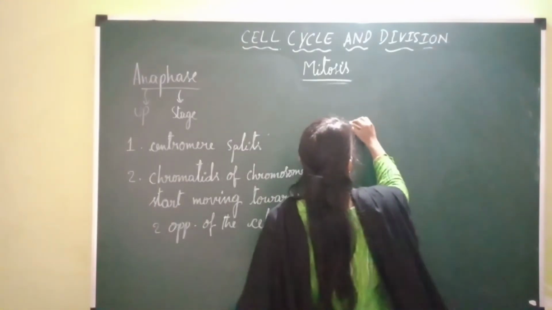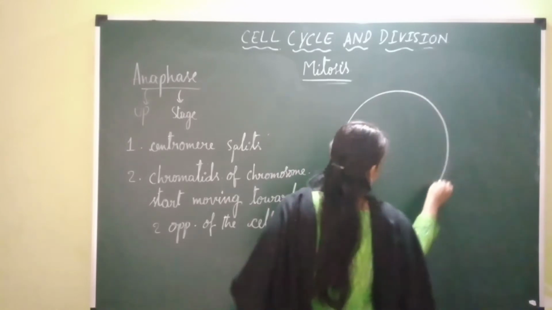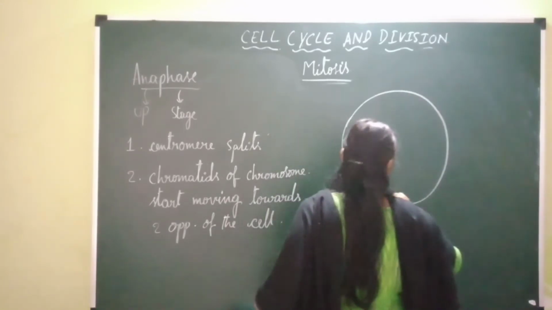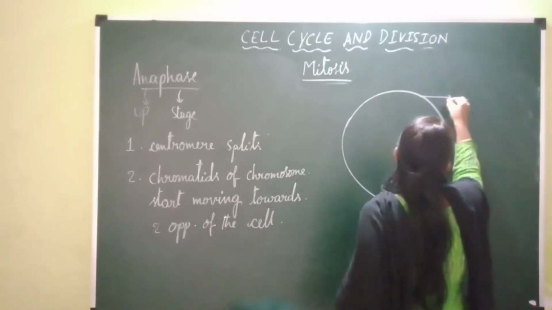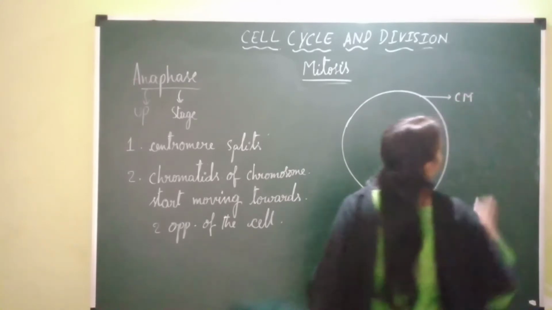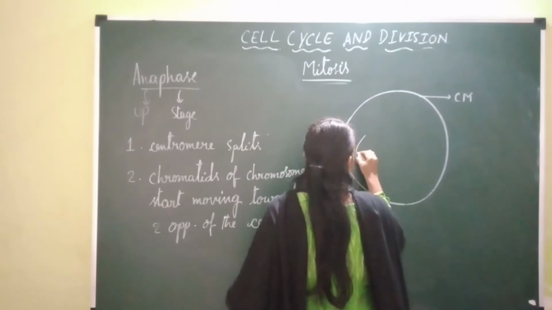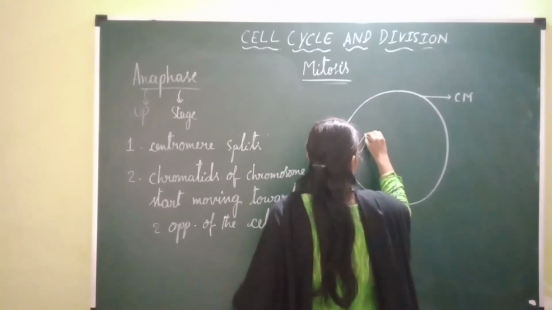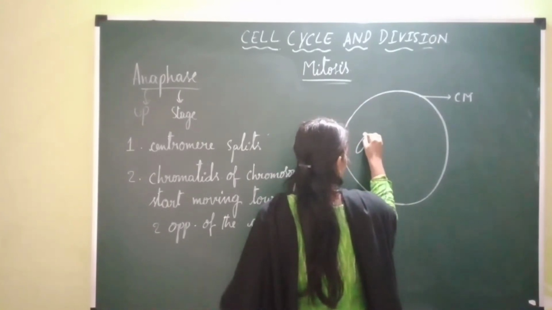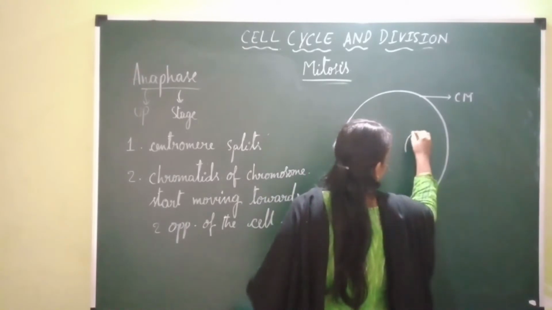So this is the animal cell membrane, the cell membrane of an animal cell. And these are the chromatids which are moving towards two opposite poles of the cell.